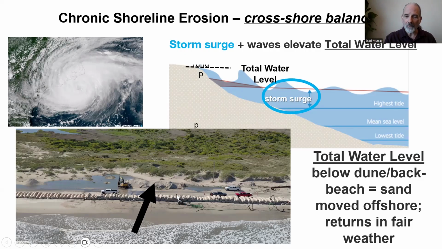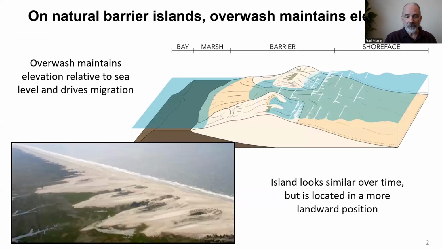So while this contributes to chronic shoreline erosion, these overwash processes, when waves go over the tops of dunes or erode through dunes and deposit sand on the barrier interior, every time this happens, it increases the elevation of the barrier a little bit. This is why barriers occur in the first place.